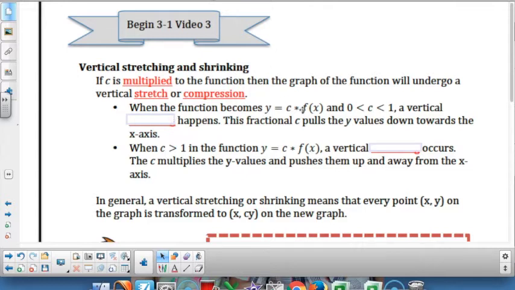If you multiply by a C value that is between 0 and 1, which means it's a fraction, it's a small number, then you get a vertical shrinking. The fractional value pushes those Y values down. Whereas if your C is larger than 1, if you get a bigger number, then you get vertical stretching. That C value multiplies it and pulls the Y values up.